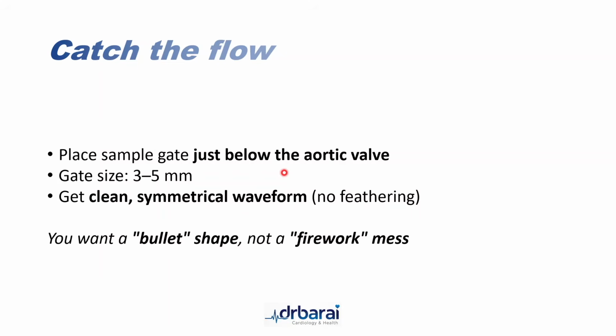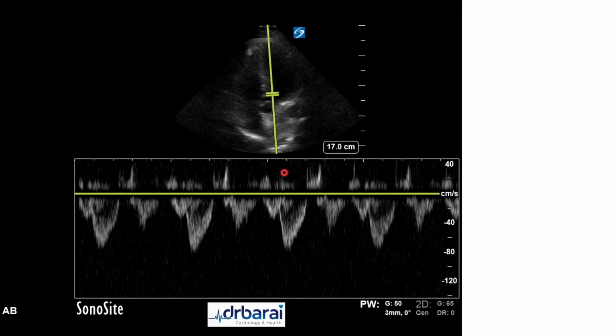When you do this step, you should be aiming for bullet-shaped waveforms, not a fireworks mess. Most ultrasound machines at this stage will give you some sound as these waveforms are developed. This is a good example. As you can see, in the apical 5-chamber view, this is the sample gate just below the aortic valve and we have got these beautiful waveforms.